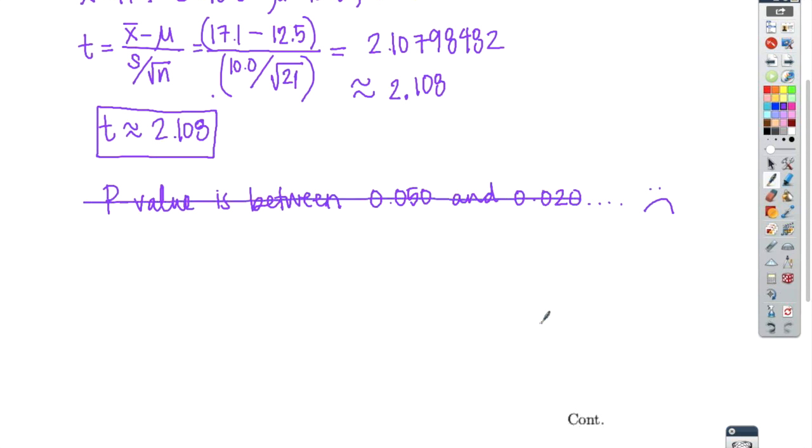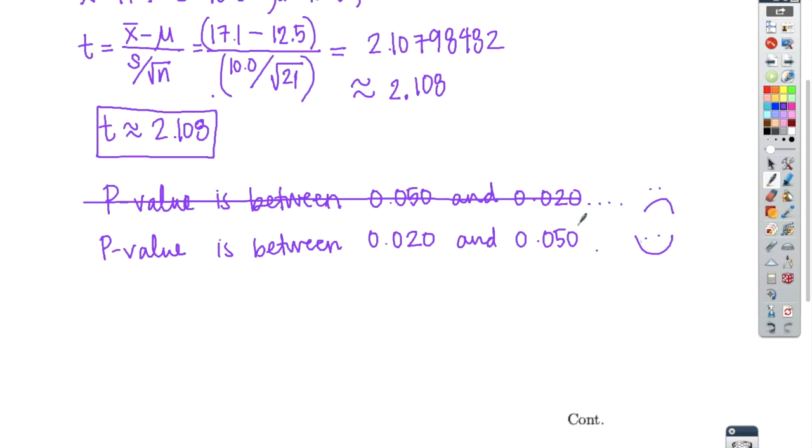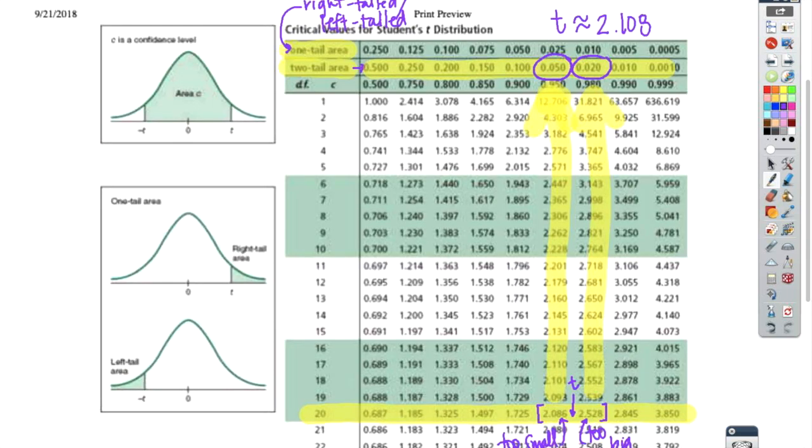Instead of saying the p-value is between 0.050 and 0.020, I'm going to rewrite this statement and just write it in the correct order. The p-value is between 0.020 and 0.050. So now that's in the correct order. So just to go back to this table, you'll notice that these p-values are increasing as we walk to the left.